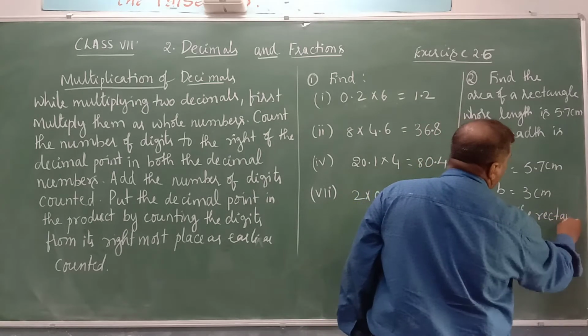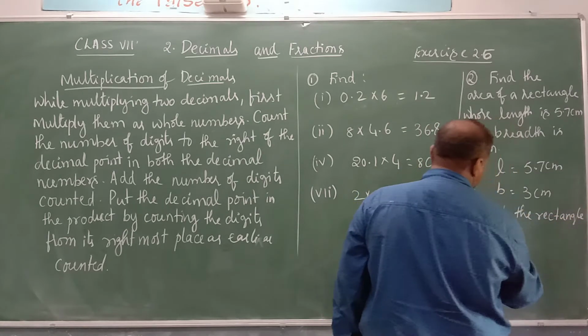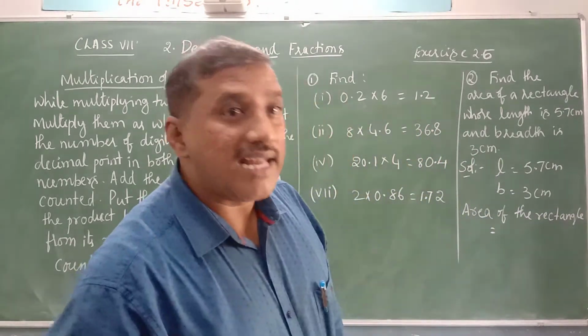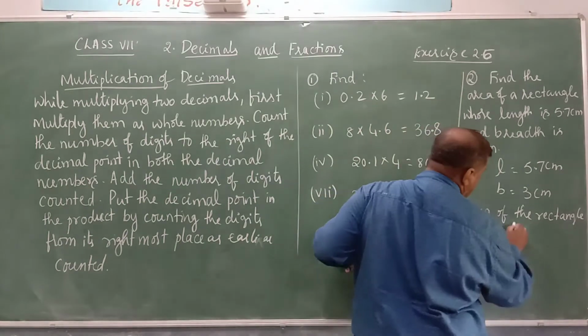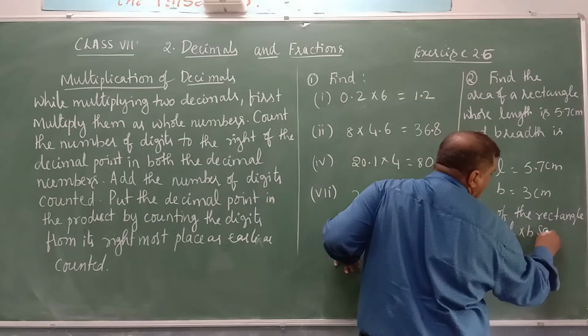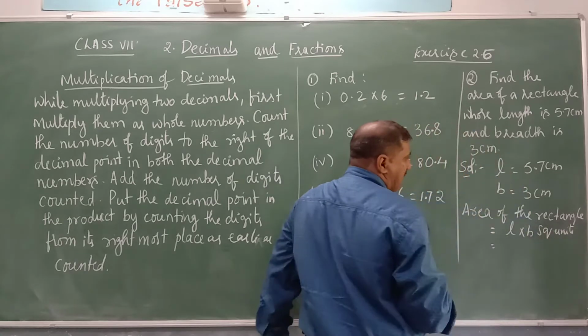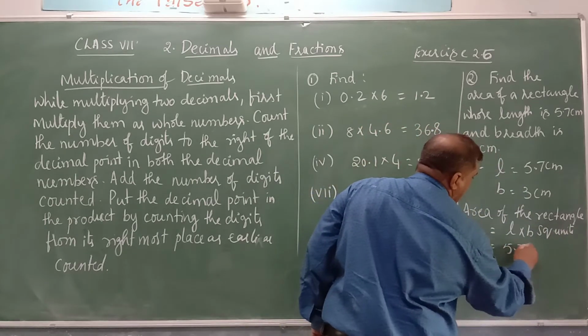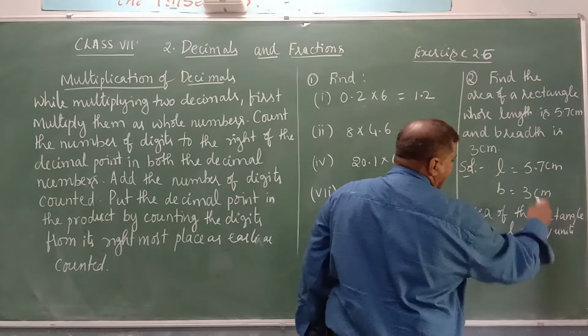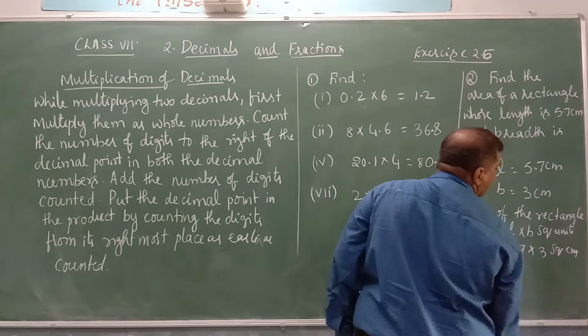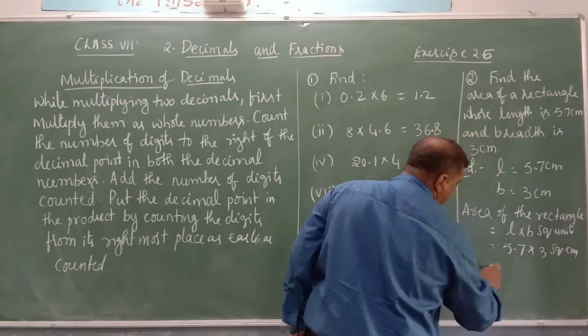So how do you calculate the area of a rectangle? That is the product of length and breadth. Length into breadth square units. Here length is equal to 5.7 centimeters into breadth is equal to 3 centimeters. Here the units are centimeter, square centimeter.